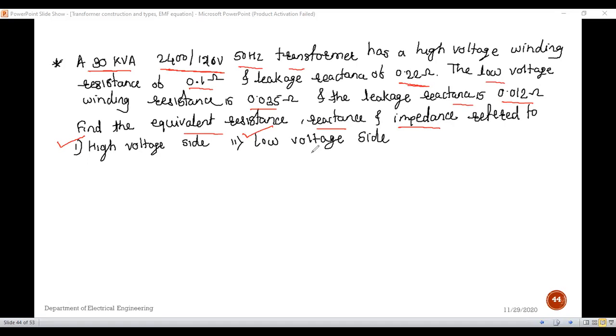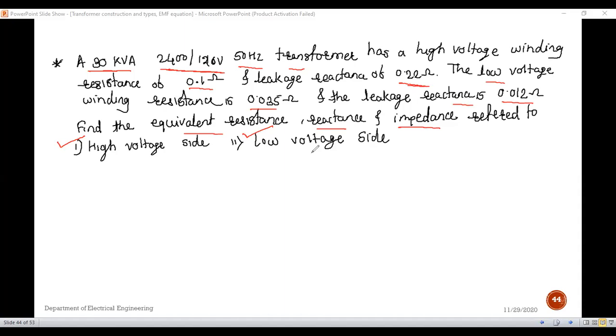असे कन्फ्युजिंग क्वेश्चन असतात. हा, tell me, refer to high voltage side, the meaning of that, whether it is primary or secondary. High voltage side ही primary side आहे का secondary side आहे? No one?